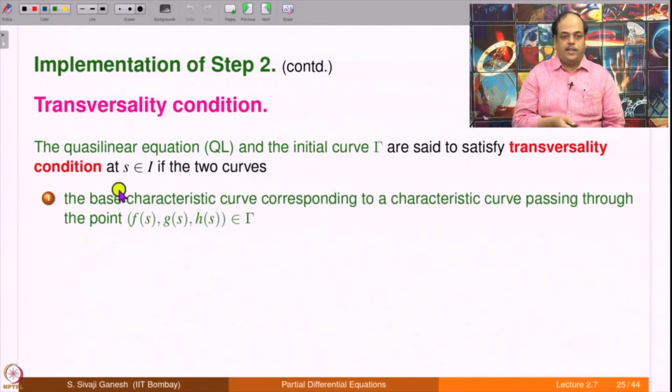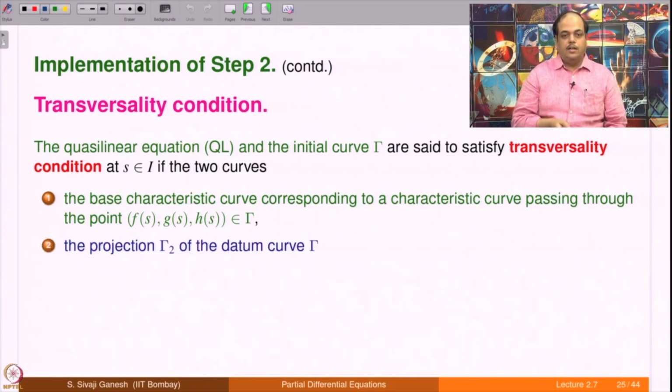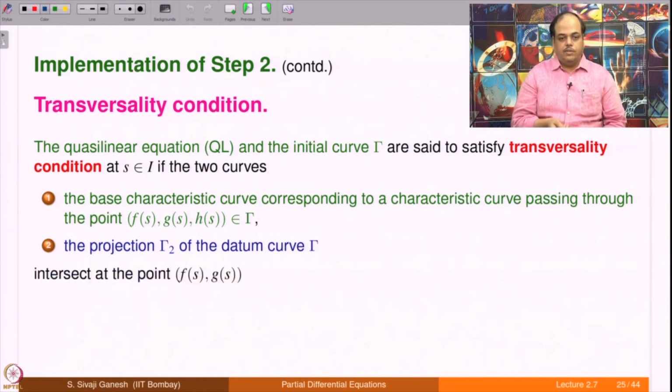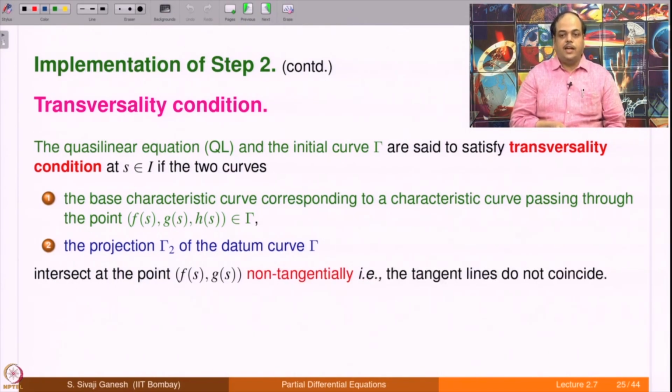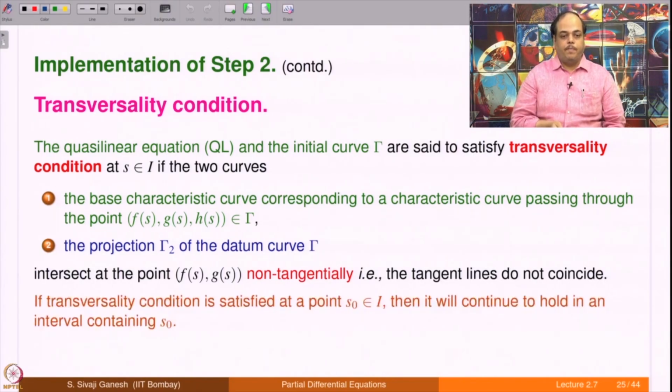So, look at the point (f(s), g(s), h(s)), that is going to be on the datum curve. Through that you find the characteristic curve, project it to the R2 xy plane, that will be the base characteristic curve. Thus, the base characteristic curve and gamma 2, which is the projection of the datum curve gamma, these two curves intersect, of course, at the point (f(s), g(s)), non-tangentially. That means the tangent lines do not coincide.